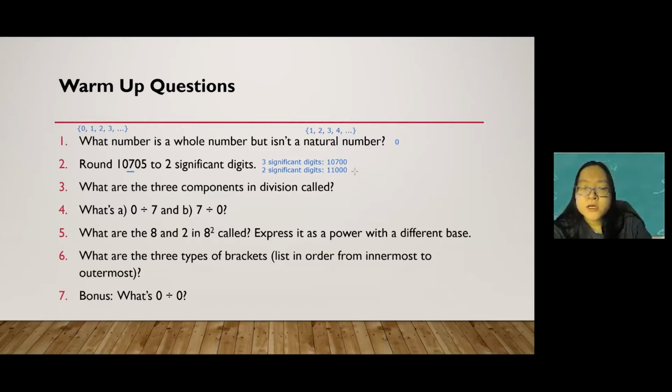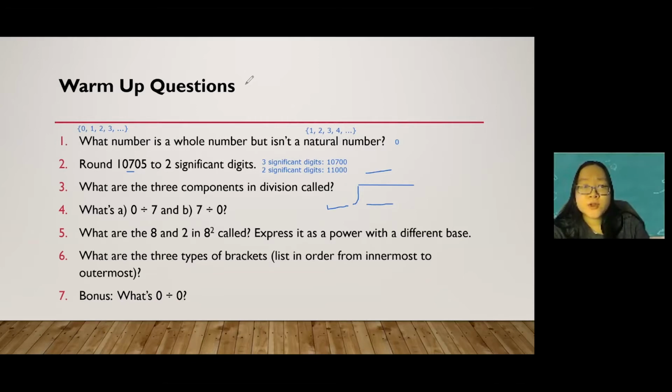Let's look at the next question. What are the 3 components in division called? So when you're doing division, let's say we were writing it out like long division, okay? So there's a number here, there's a number here, there's a number here. These are the 3 components of division.